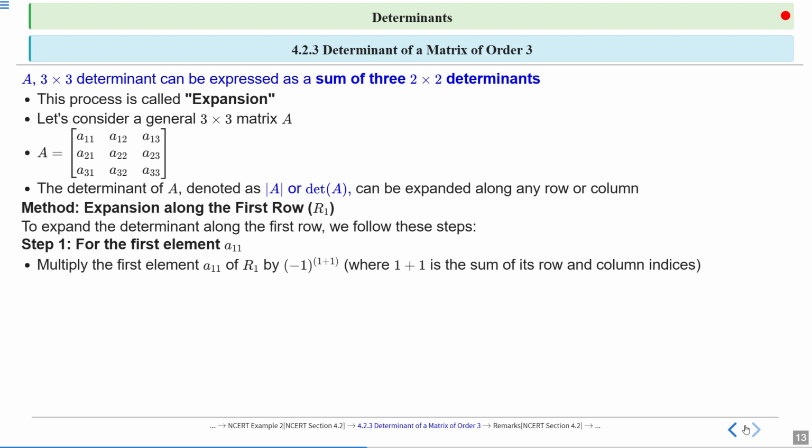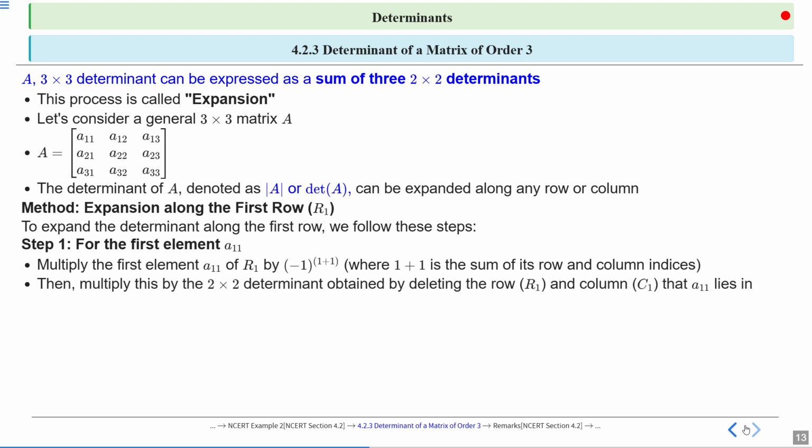A11 is present in the first row and first column, so we multiply with -1 to the power 1 plus 1. That is step number 1. Then multiply this by the 2 cross 2 determinant obtained by deleting the row R1 and column C1 where A11 lies.